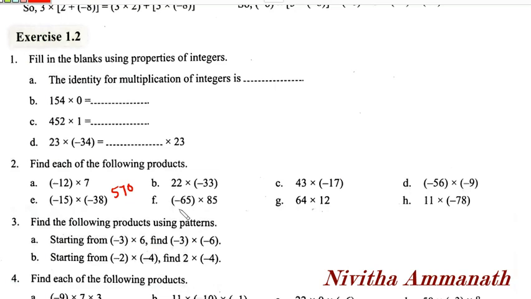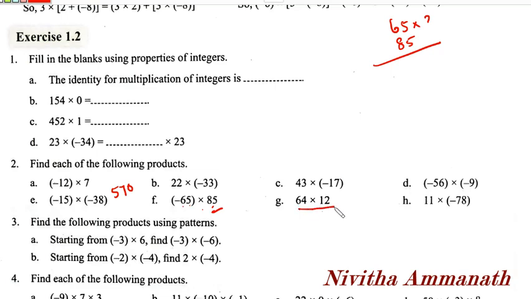Now next one is negative and another is positive. So the answer will be negative only. So it will be negative 65 into 85. You have to do it and comment the answer. Now the next also you have to do.